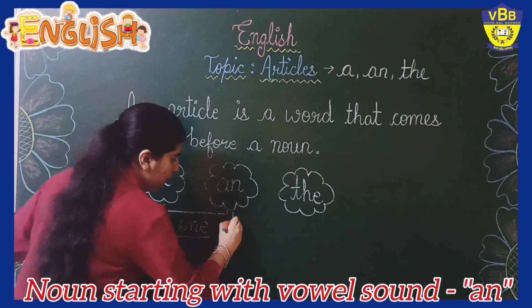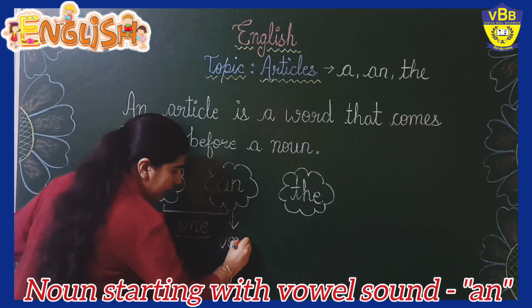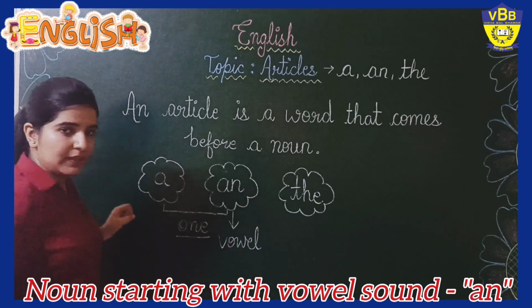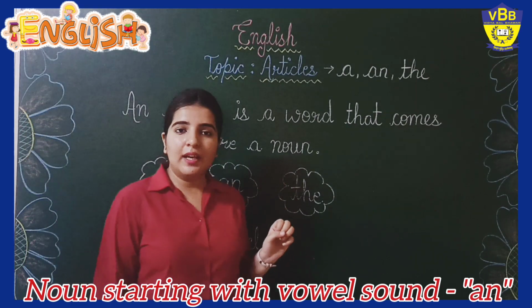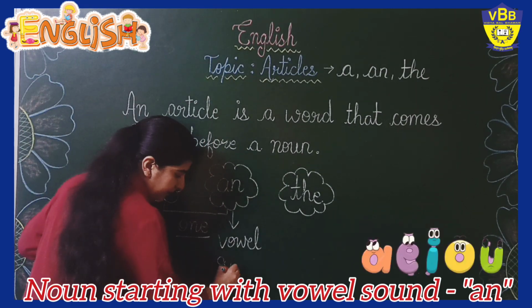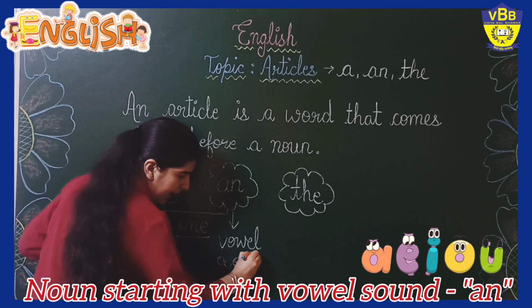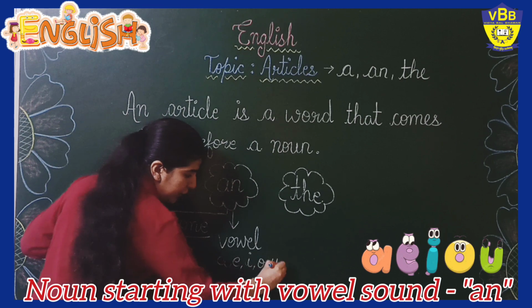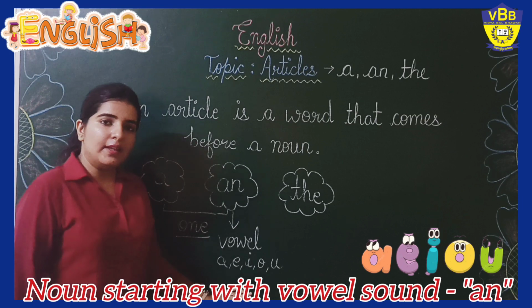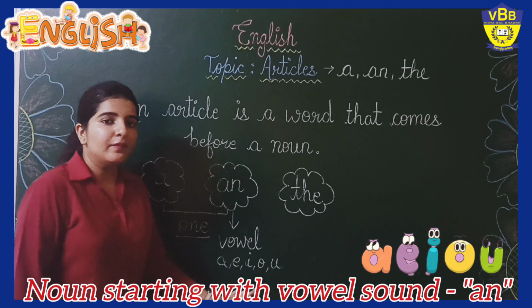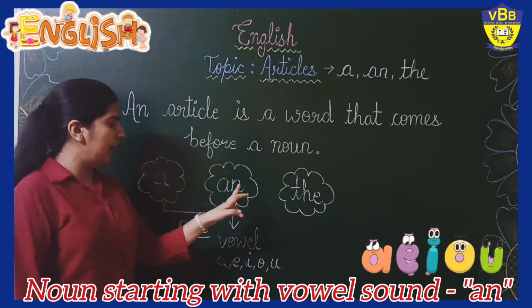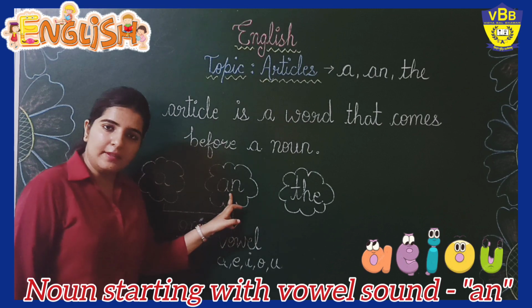And what are the vowels? A, E, I, O, U. These five are the vowels, and with these vowel words we use an.